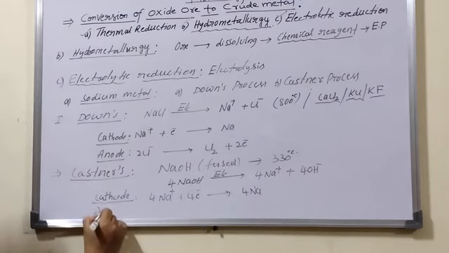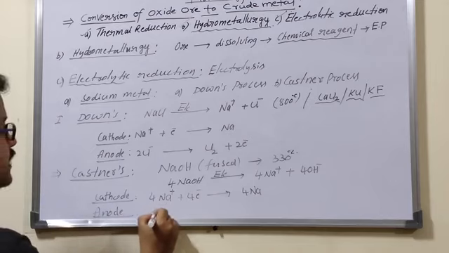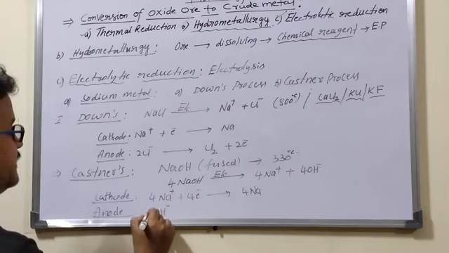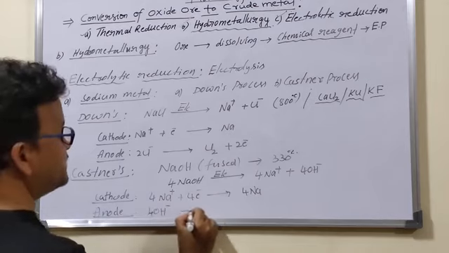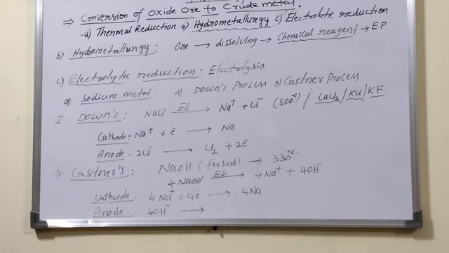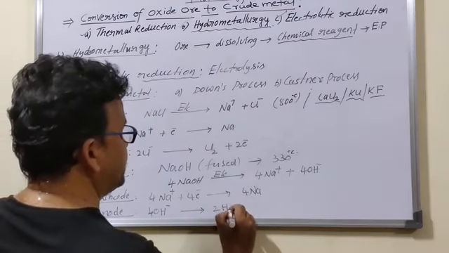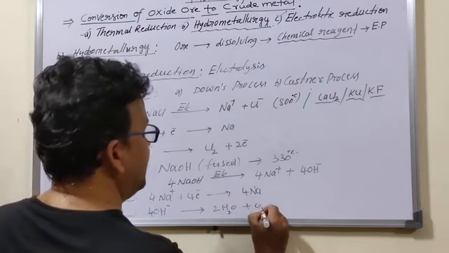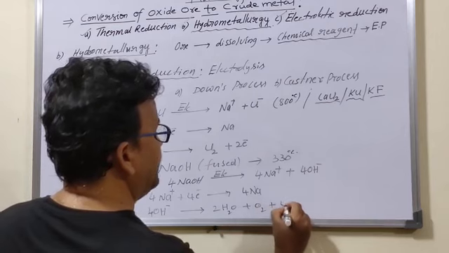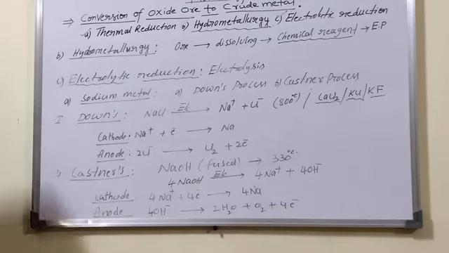Similarly, near the anode, OH minus ions are attracted; OH minus is negative, the anode is positive. Then it forms water and oxygen, by losing 4 electrons.